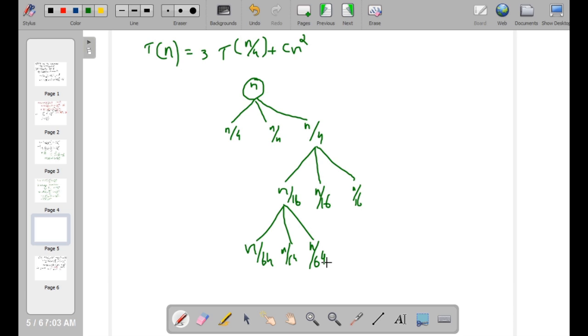So this is the structure of the tree, and in every intermediate node, the cost is c into the problem size square.